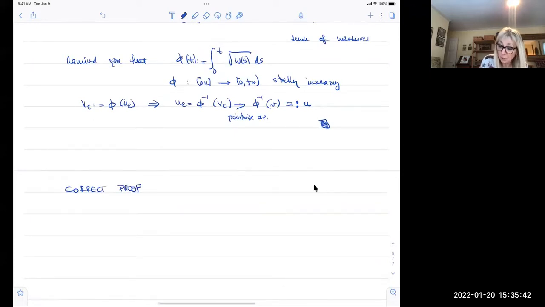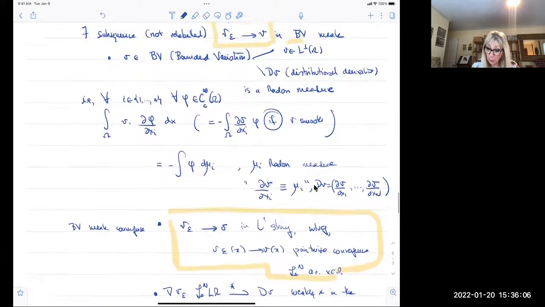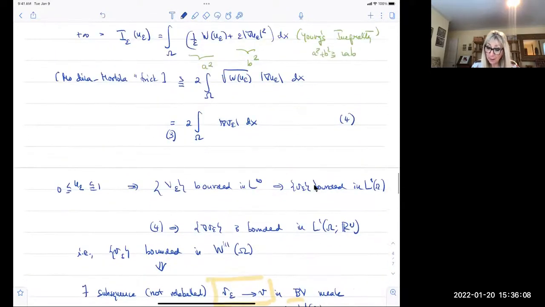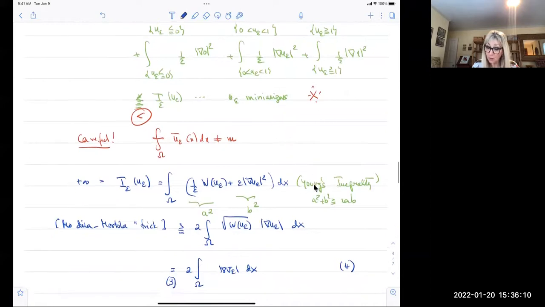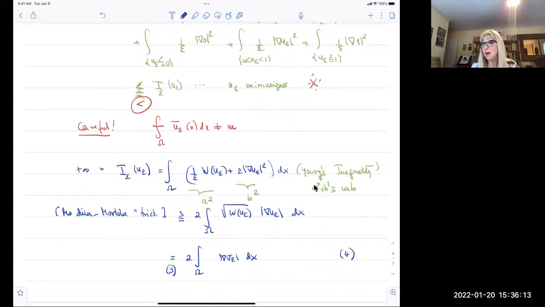It's not much harder, but you cannot use truncations. Now, actually, I'm going to be a little bit more general than this, because remember, to prove that my sequence converges somewhere, I never used the fact that U epsilons were a minimizing sequence.